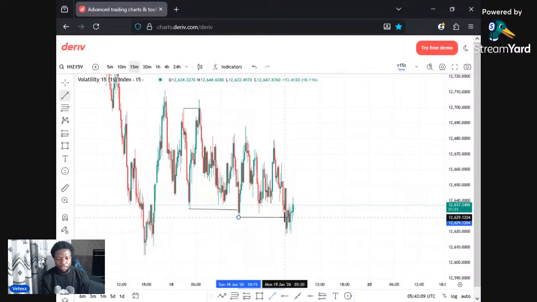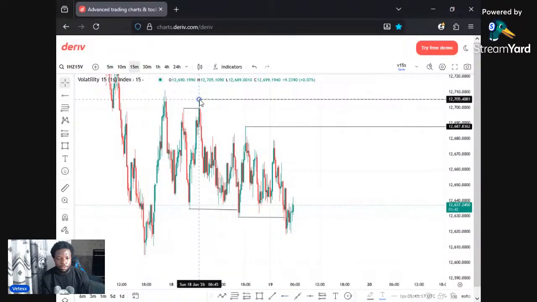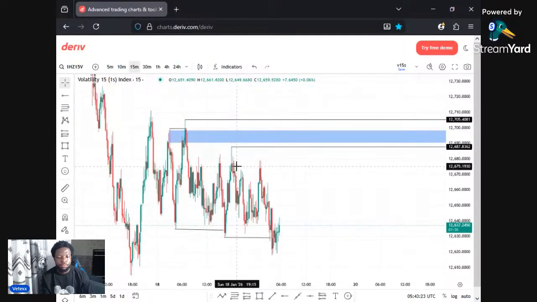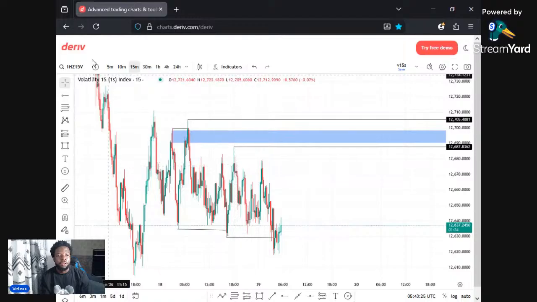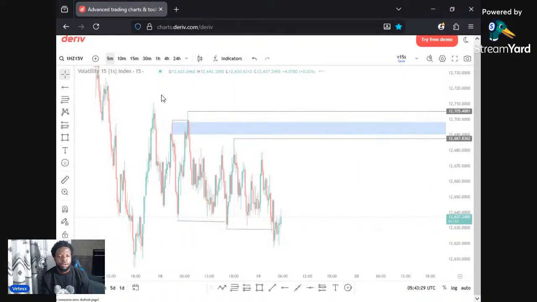That's after price has given us our structural liquidity, which is this. And then this is our protected high. So let's go down to the 5 minutes time frame to look out for something.